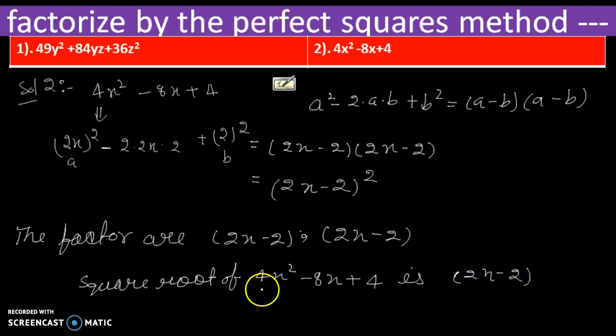So students, this is our perfect square and this is our square root of the perfect square. So students, this is our answer.